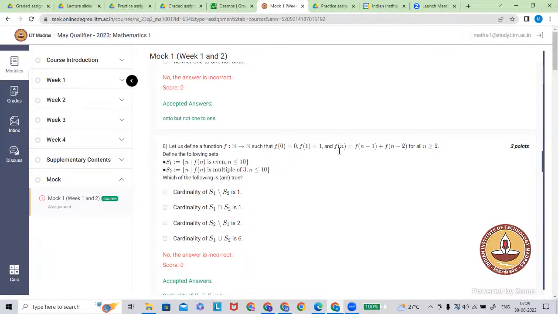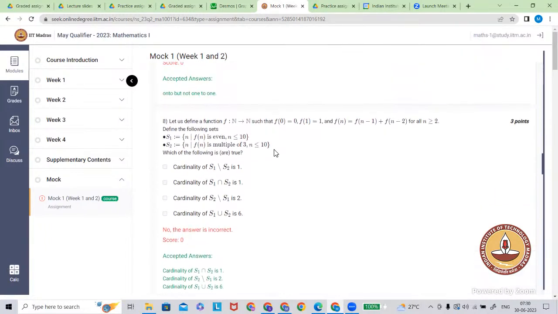Similarly, you have to find f2, f3, f4 till fn. You have to calculate each fn, and choose which give an even value. Just choose those n and fill in set one. Similarly, for which fn is a multiple of 3, fill in those natural numbers in the other set, and then perform the set operation that is given, such as subtraction. Yes, okay.